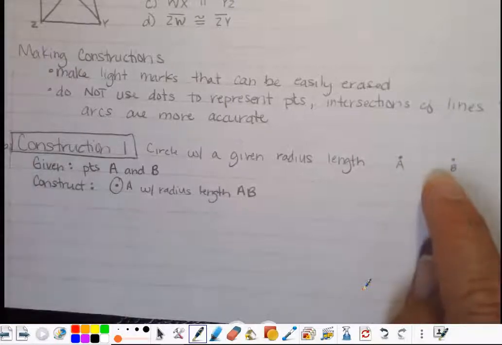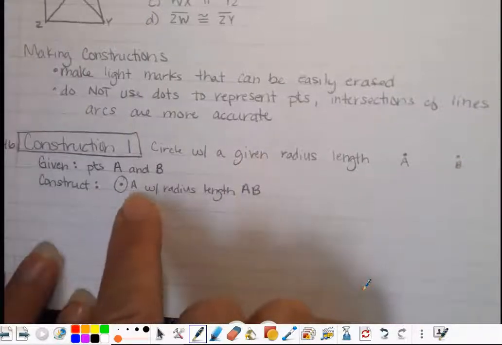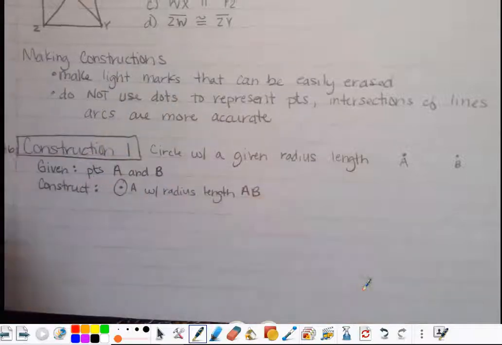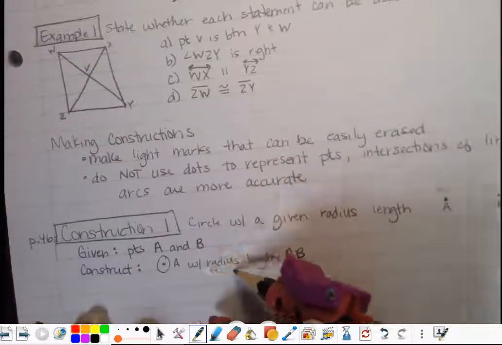All right. So we are going to construct a circle A with a radius length of AB. What that means is you're going to take your compass and put one point on B and one point on A. That is the length of, what did it say? It says with radius length AB. So that's your radius.